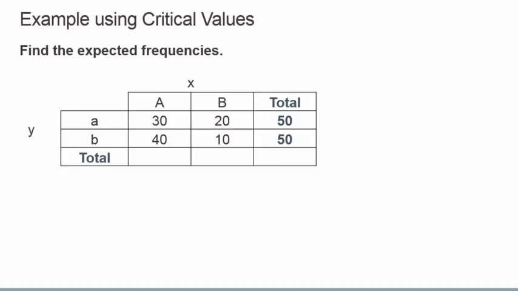Moving to my columns, capital A has 30 and 40 for a total of 70. Capital B has 20 and 10 for a total of 30. If I total my rows, 50 plus 50 is 100. If I total my columns, 70 plus 30 is 100.